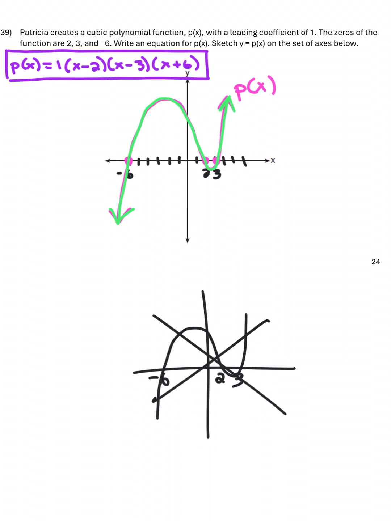Okay, put arrows. Arrows are needed to show it keeps going, and I also labeled it p of x, so your graph should look something like that. Okay, I'd like you to try the 2 examples on the next page, number 40 and 41 on your own, and once you finish them, then hit play and see how you did.